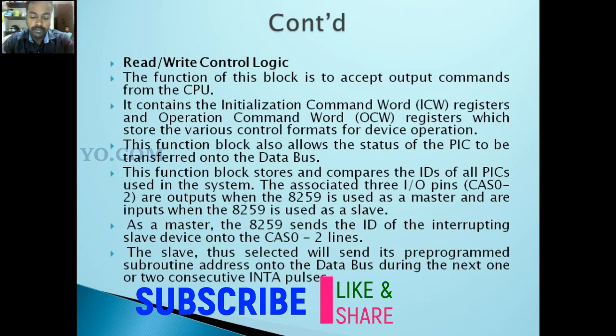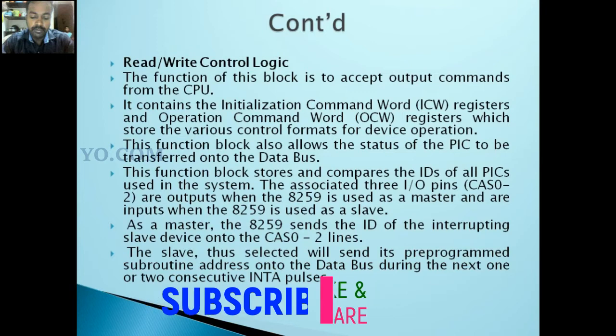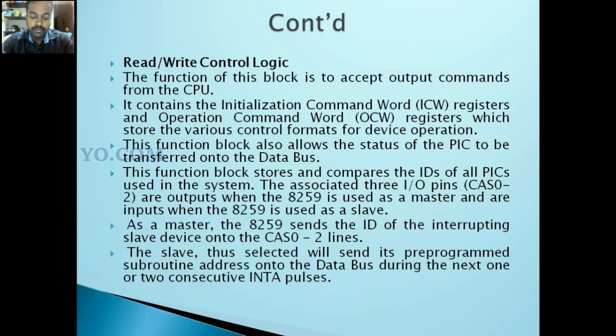So these are the pins used in the 8259. Then the read signal and write signal. When the write signal, WR, is asserted, the 8259 accepts a command on the data lines. Therefore the microprocessor writes to the 8259 by placing a command on the data lines and asserting this signal.